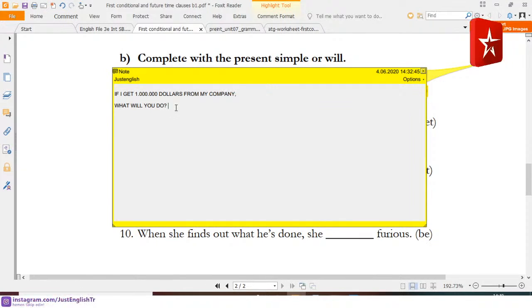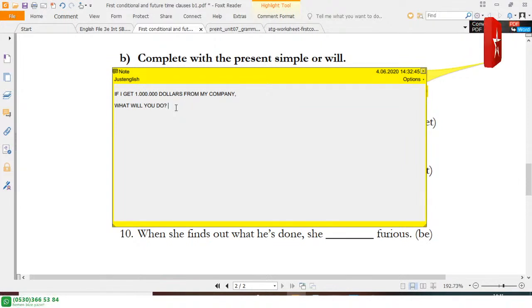Yusuf says, I will be rich and will travel all over the world. Okay, Yusuf loves traveling, yes. And I will buy a Ferrari.